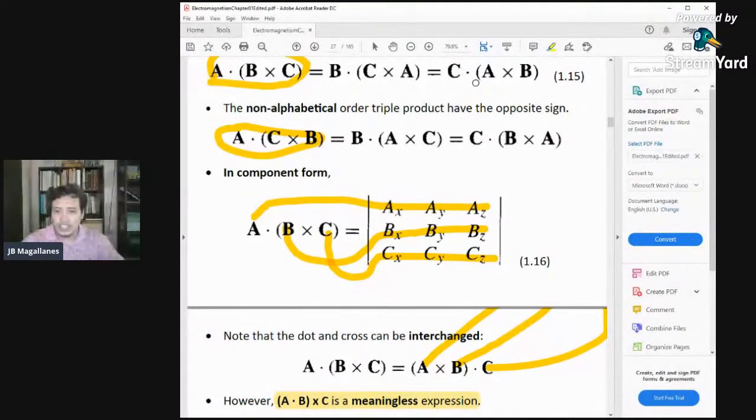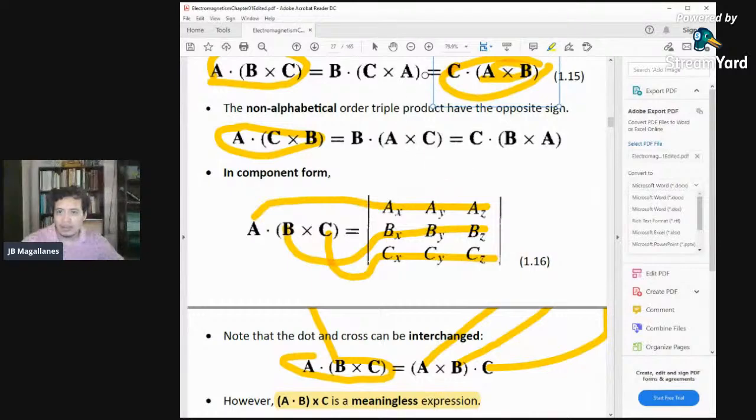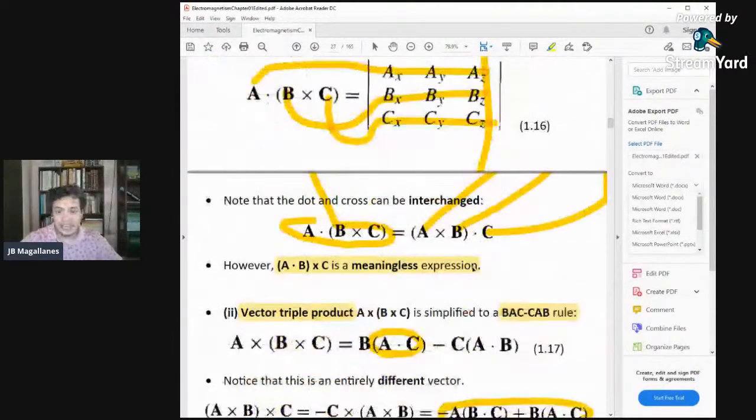So you can interchange this with C. So you can write A cross B dot C. That's why they're equal, because that is this one, and this one is just equal to that one. That's for the scalar triple product.